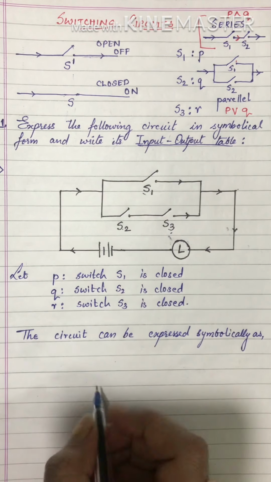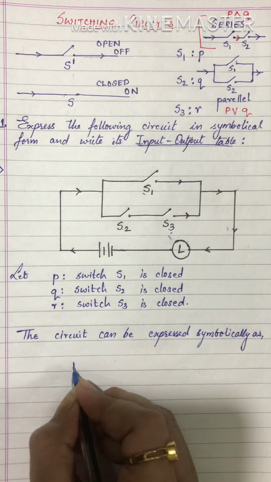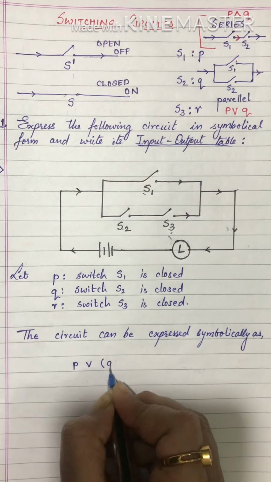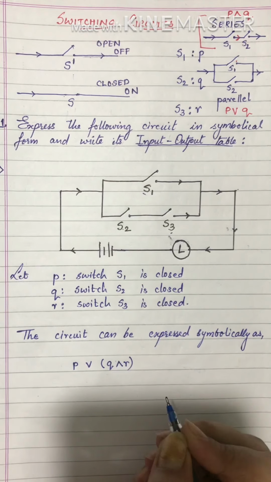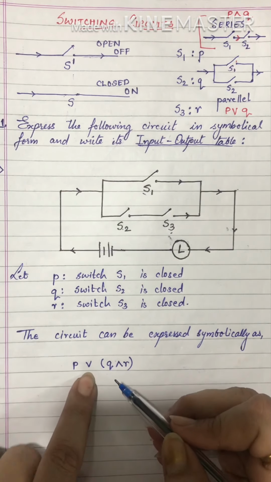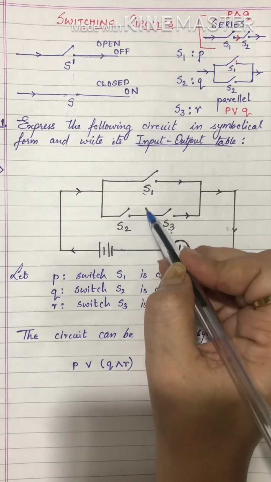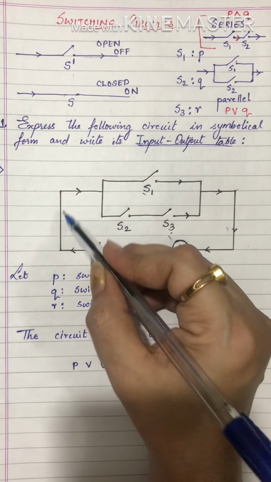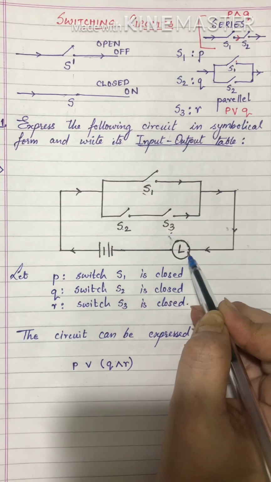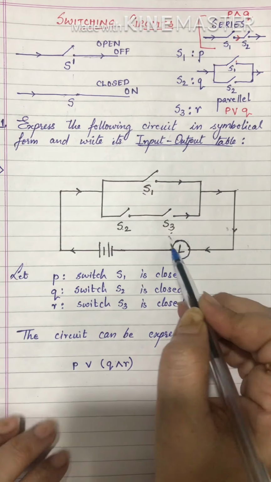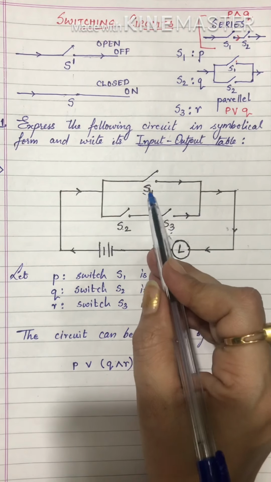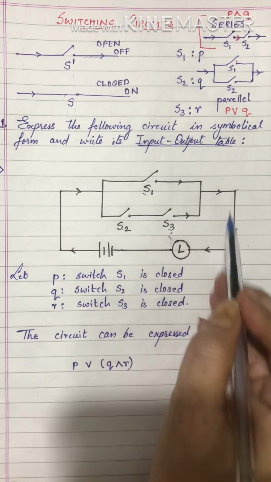Okay, but then here you need to check the use of brackets, P or (Q and R). I'll explain this once again, why there is an OR connective in between. See, when S1 is closed, the current will pass through this path and the lamp will glow. Despite the condition of S2 and S3, if S1 is closed, the current can flow.